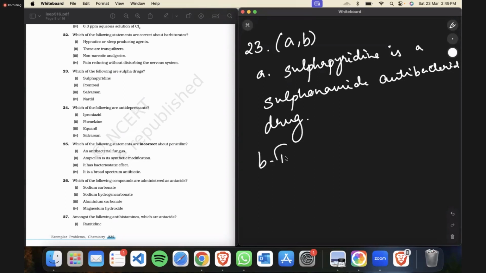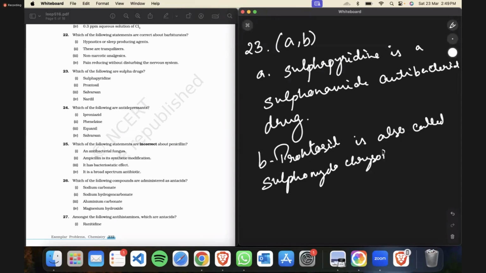Prontosil is also called sulfamidochrysoidine.